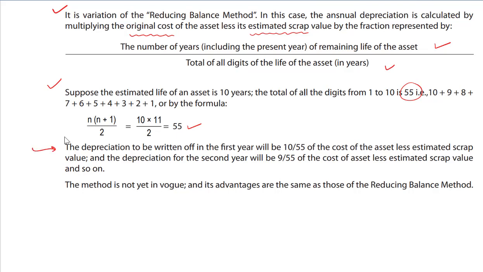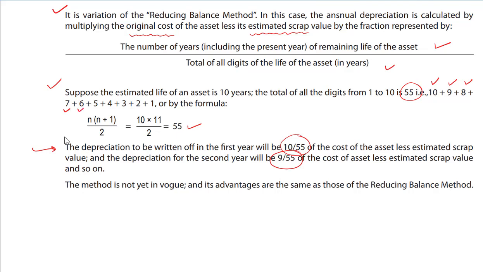The depreciation to be written off in the first year will be 10 by 55 of the cost of the asset less estimated scrap value. The depreciation for the second year will be 9 by 55. The third year will be 8 by 55. The fourth year will be 7 by 55.